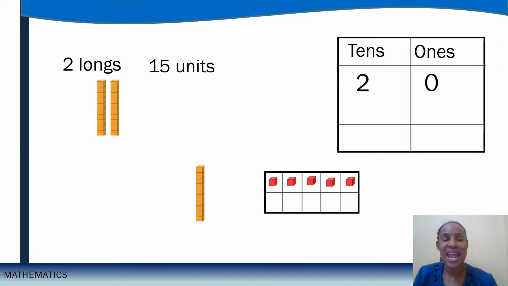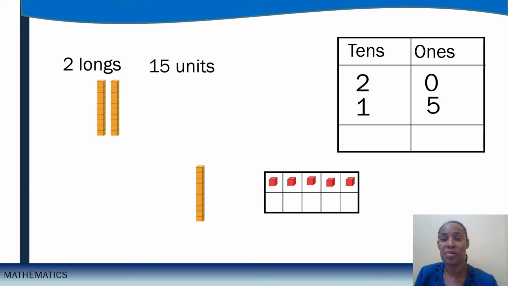We will rename 15 units as 1 long, which is 1 ten, and so we put 1 in the tens column. And on our next 10 frame, we have 5 units, which we will put in our ones column. So there we have it. 15 renamed as 1 ten and 5 ones.